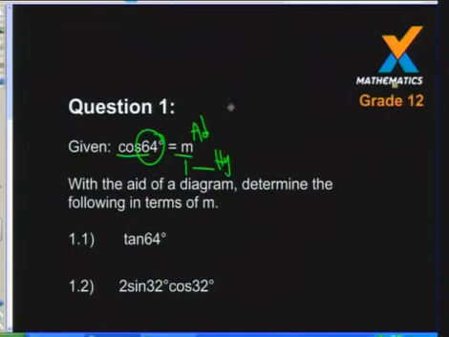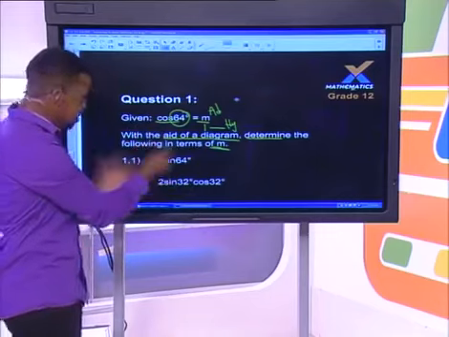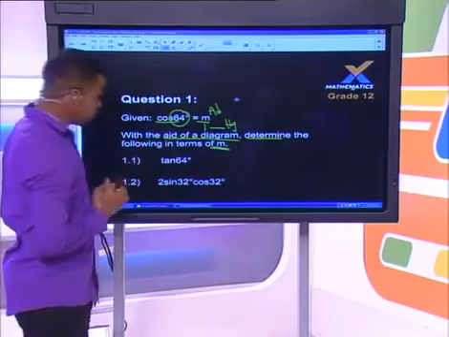Okay, guys. Let's look. What do we have here? With the aid of a diagram, determine the following in terms of m. The aid of a diagram is very important. You have to draw the diagram. Very important.